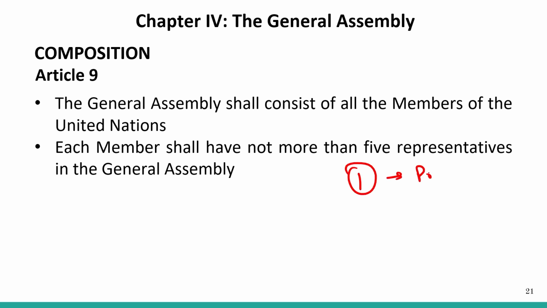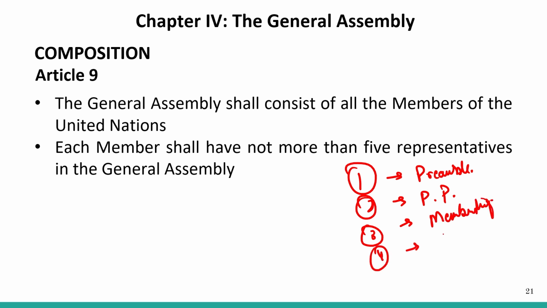We have studied the preamble, then the principles and the purposes, then the membership, and fourth the organs, and now we are studying the General Assembly of the United Nations.